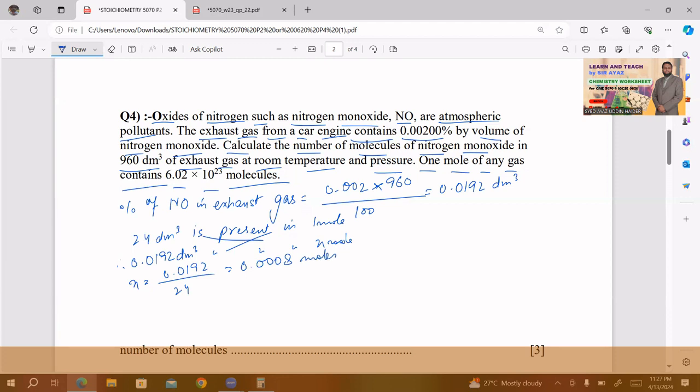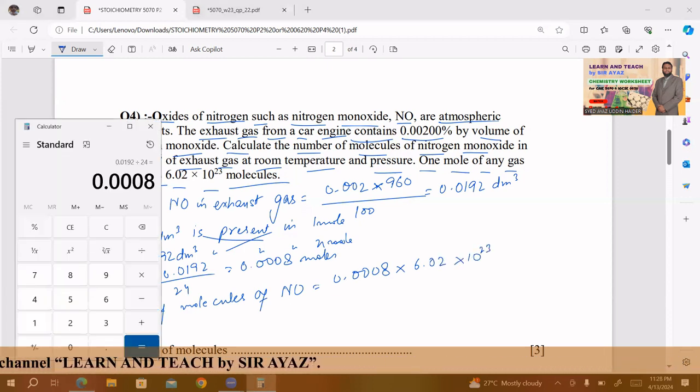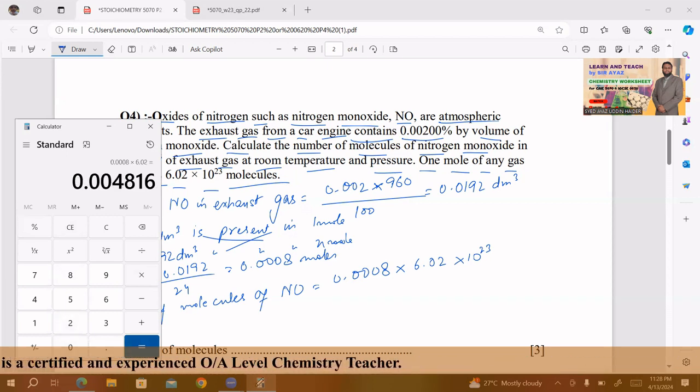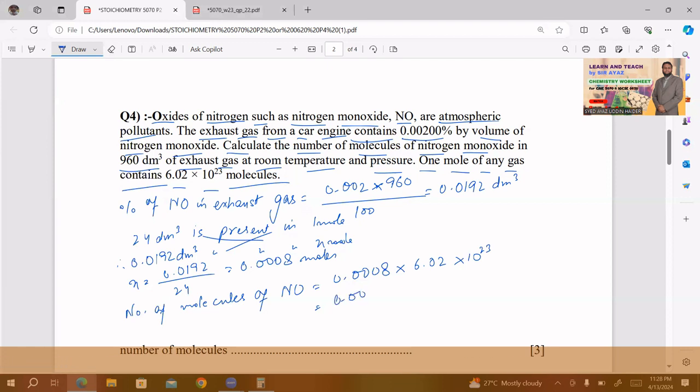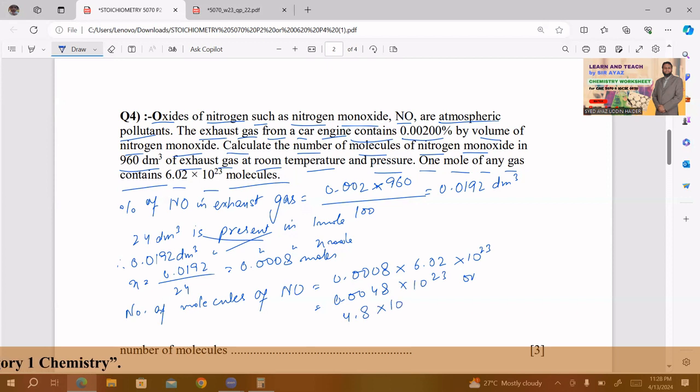Now, in order to calculate the number of molecules of NO, we need to multiply these moles by the number of particles, which is 6.02 × 10^23. 0.0008 multiplied by 6.02 gives 0.0048 × 10^23, or you can write 4.8 × 10^20.